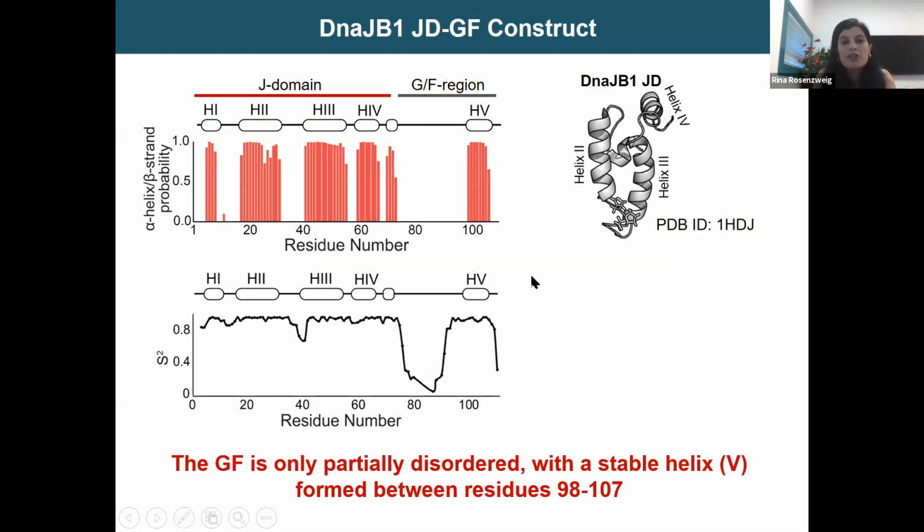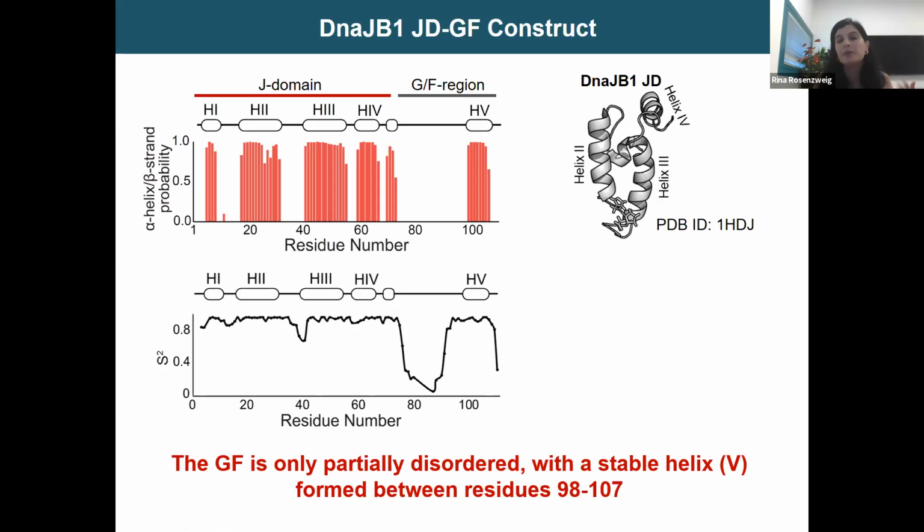And we can also measure order parameters for this construct. And what we see is, again, the stable ordered region of the J domain with the 4 helices. Then we see the disordered part of the GF, and then helix 5 seems to be part of the J domain. So it somehow must be interacting with the J domain.